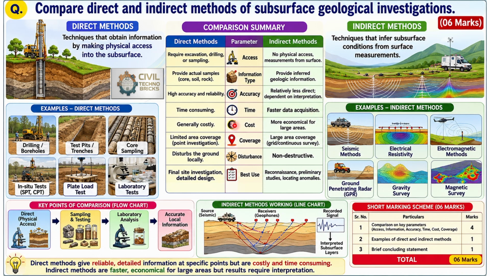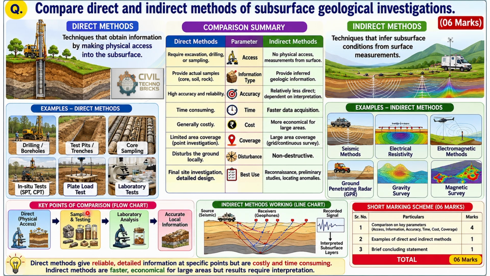Cost-wise, direct methods are generally costly, but indirect methods are more economical for large areas. A limited area is covered by the direct method, but a large area is covered by grid survey or continuous survey. Likewise, we compare each direct and indirect method with reference to these parameters.